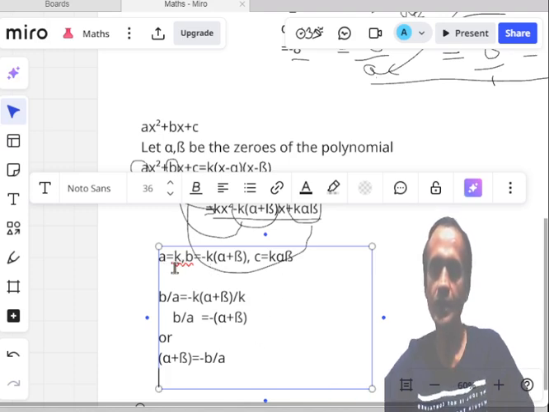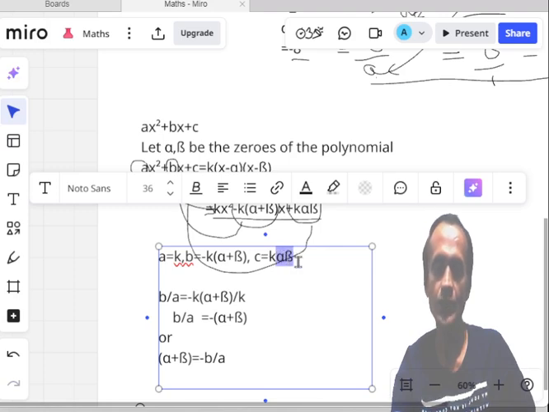Now let us multiply c, and see what the product of the roots or zeros becomes. Here we find it, you see the zeros in multiplication.